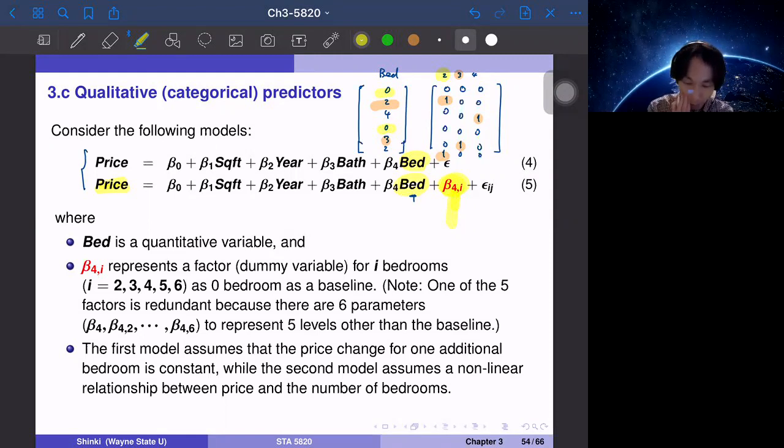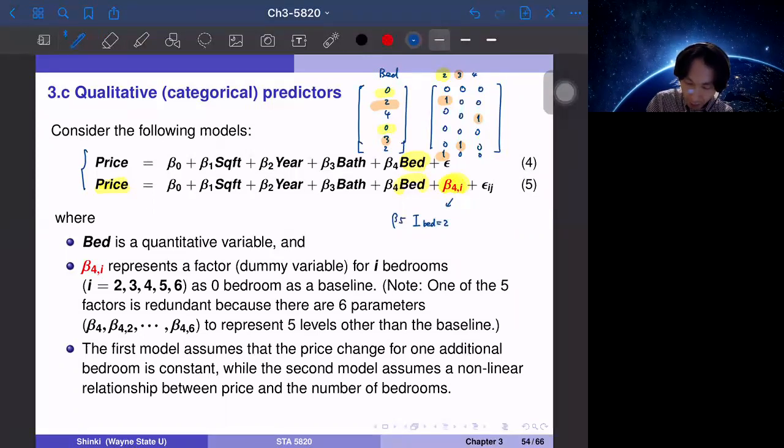To be exact, we have the indicator variable for the 2-bedroom, the indicator variable for bed equal to 2.